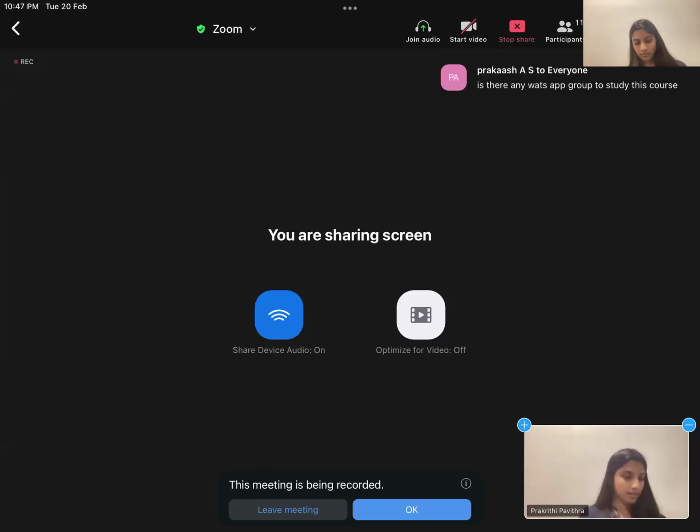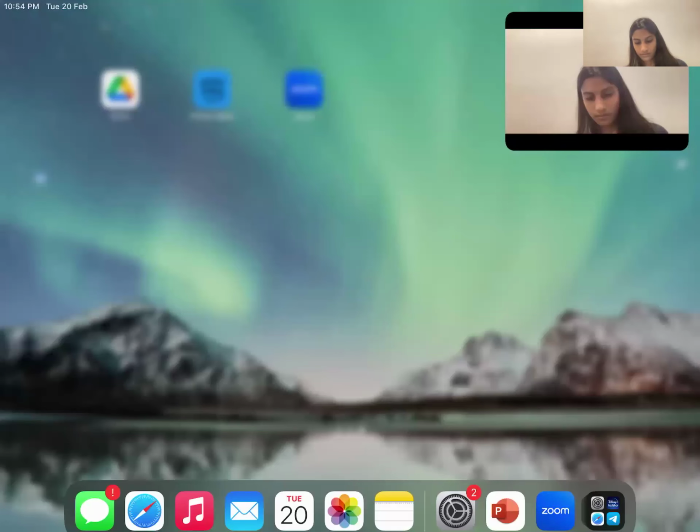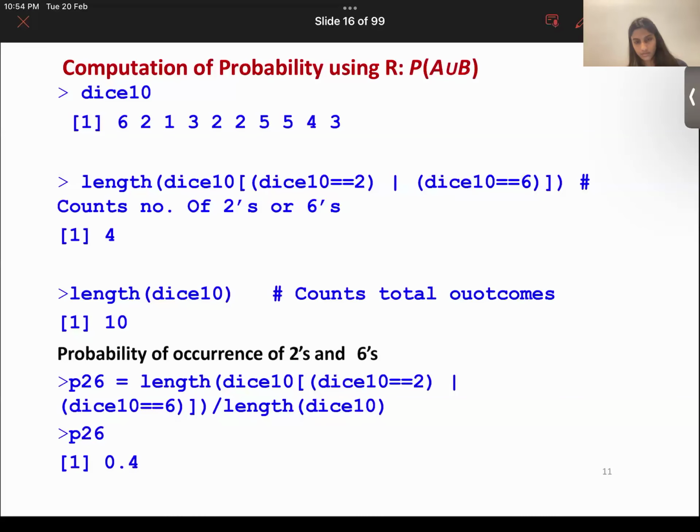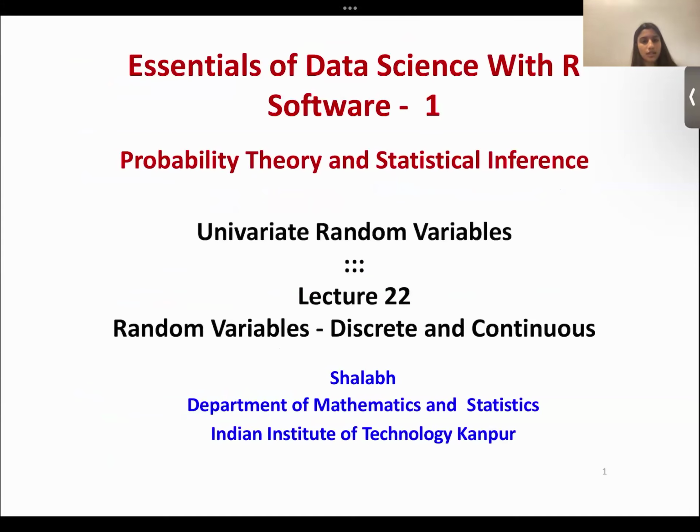So now there's another term called random variables. So now let's just quickly see what random variables mean.